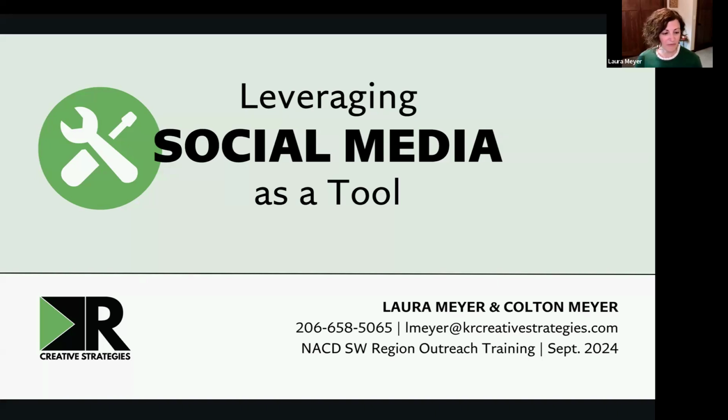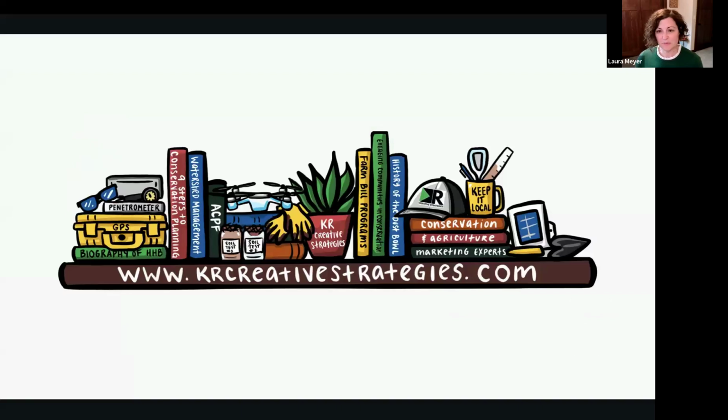So for folks who haven't been at a previous session, Colton and I are with KR Creative Strategies. We're a small communications and marketing company that specializes in marketing services for conservation and agriculture, and conservation districts in particular. I used to work for the Washington State Conservation Commission, which is the state agency that administers funding to and promotes conservation districts there.